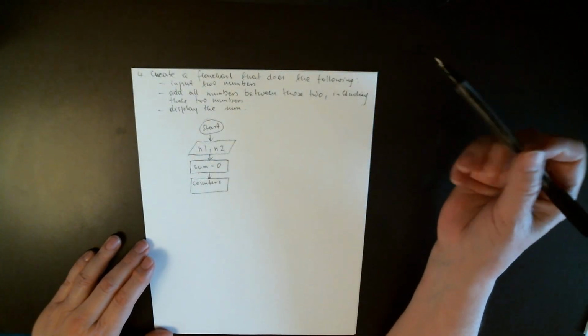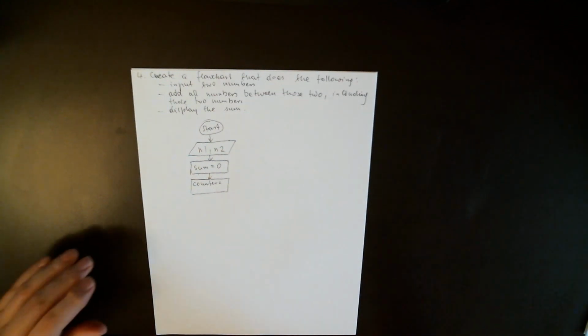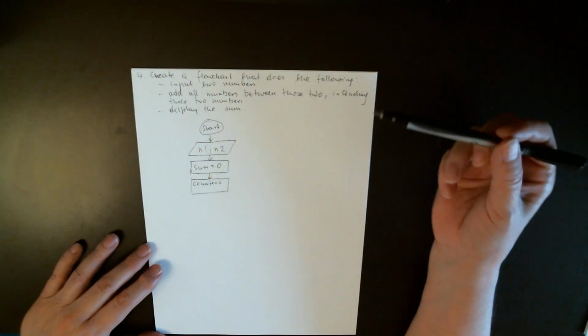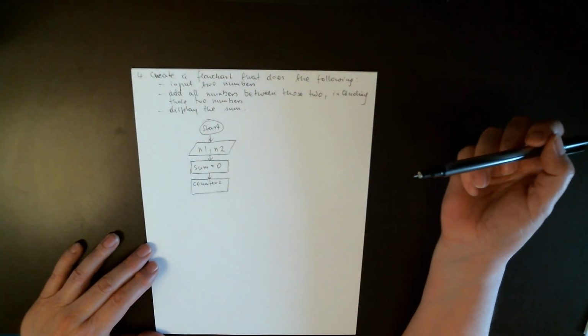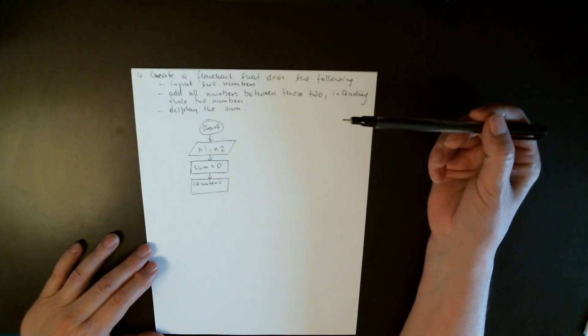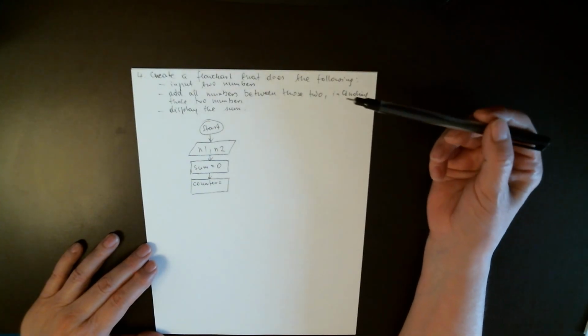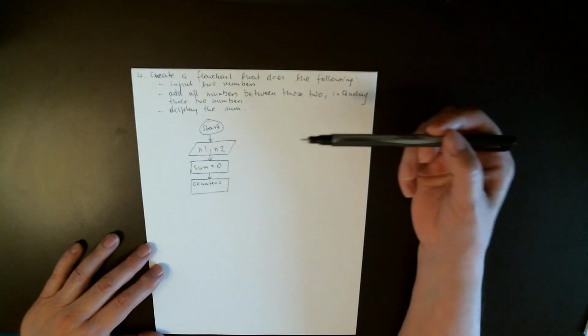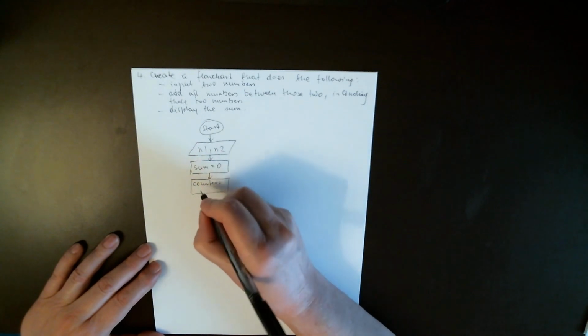Before, we used 1 because we were displaying the first time. This time, if we have 1,000,000 and 2,000,000, we need to start counting with the million. So what will be the starting number for the counter? N1, our first number.